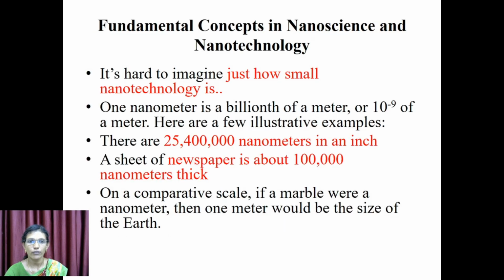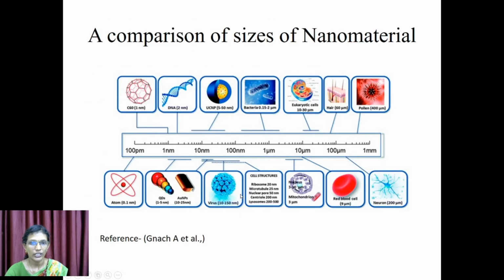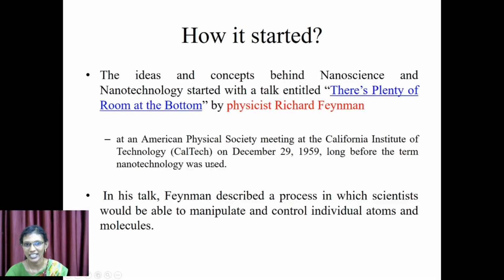There are 25,400,000 nanometers in an inch. The thickness of a newspaper is about 100,000 nanometers. And for a comparative scale, if a marble were a nanometer, then 1 meter would be the size of the earth.